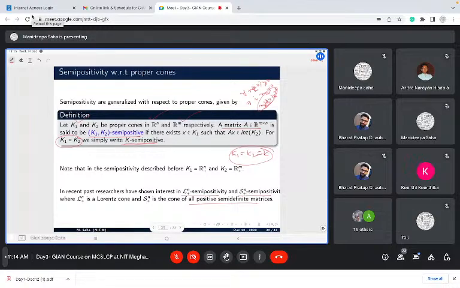In fact, if you're looking for generalization, there are more generalizations of semi-positivity also, and one can go beyond R^n, because here it's very specific: the cones we consider are in R^n. That is something I'm also looking for some areas in, instead of R^n.